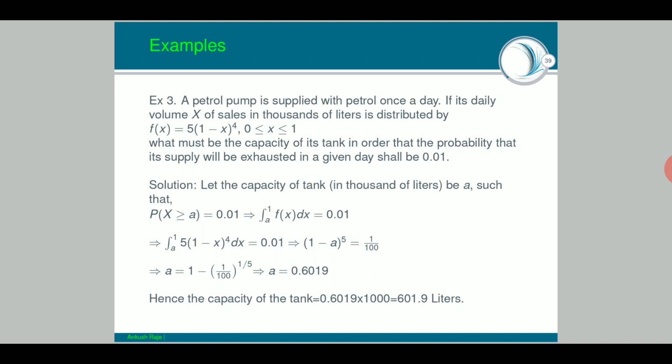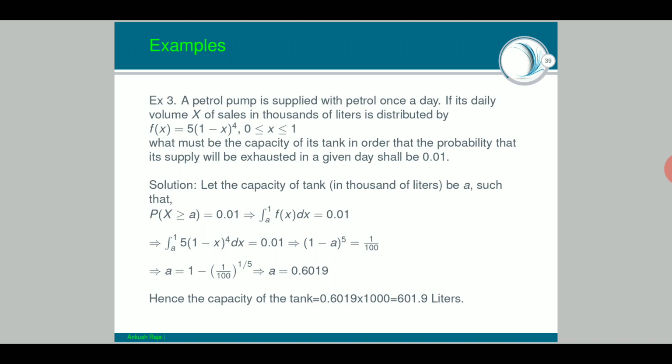So we need a number a such that the probability of the random variable being greater than or equal to a is 0.01, because of that word exhausted. There should be no leftovers.